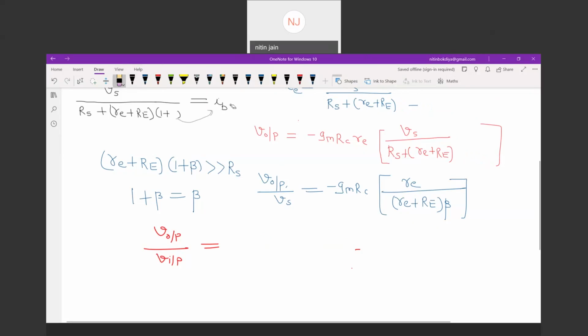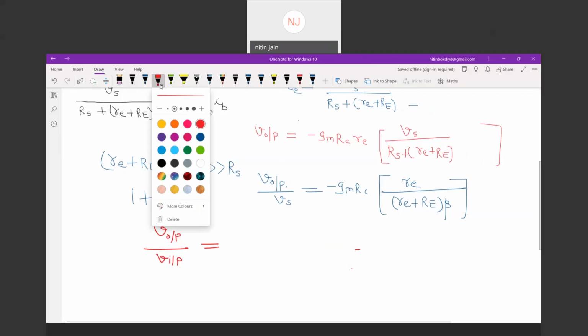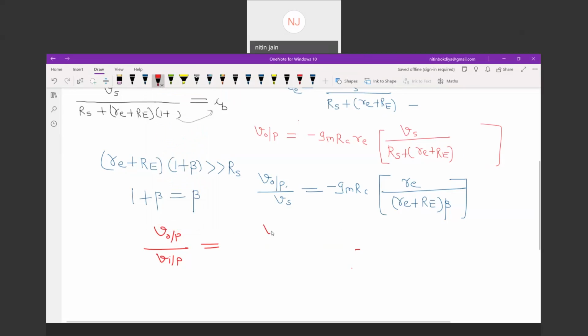So what you can say is that V output is minus GM into RC, this cancels, this is 1 divided by 1 plus RE divided by RE.